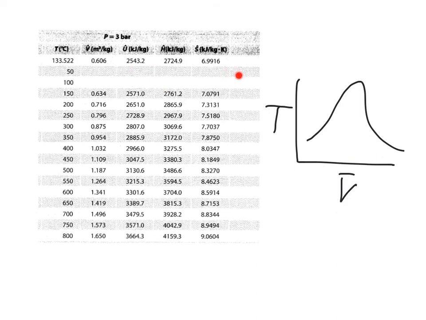It just leaves them blank because we cannot have a superheated vapor at 3 bar and 100 degrees Celsius. However, it does give us one little bit of information that's interesting. It tells us at the pressure of 3 bar what the saturated steam temperature is, right here, 133.522. And then it gives us some information here about this particular steam at the saturated pressure temperature.